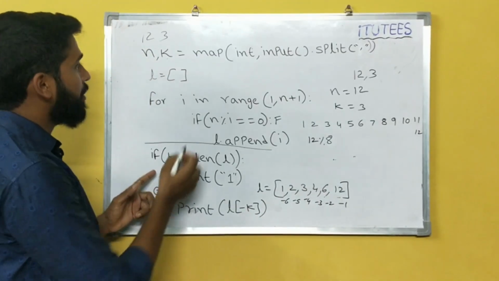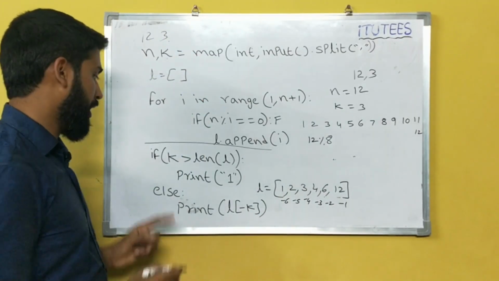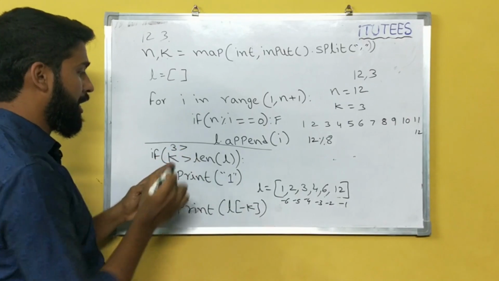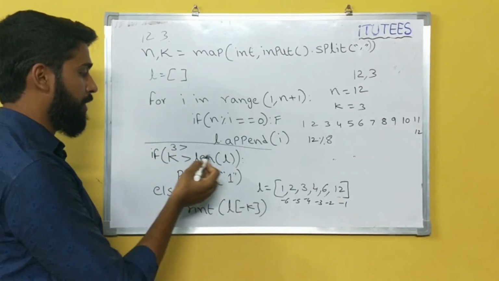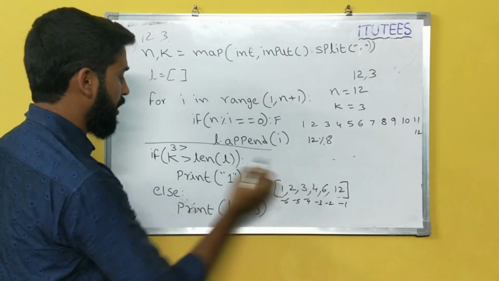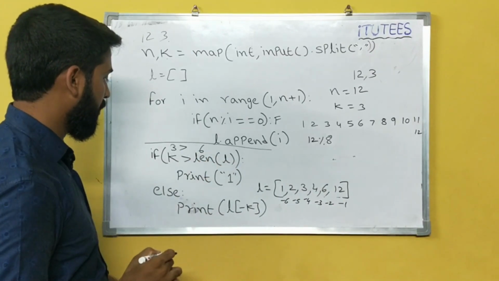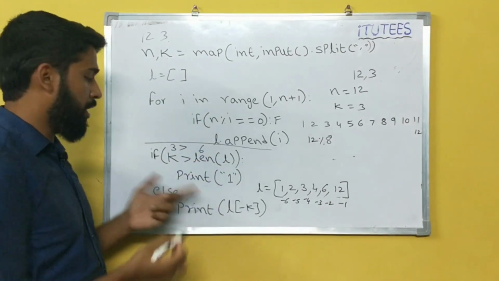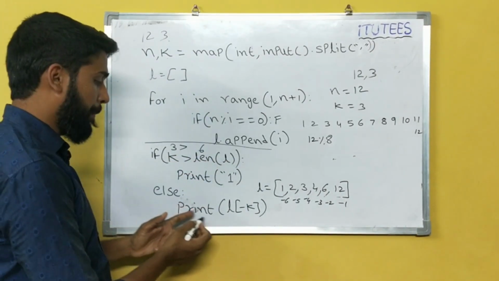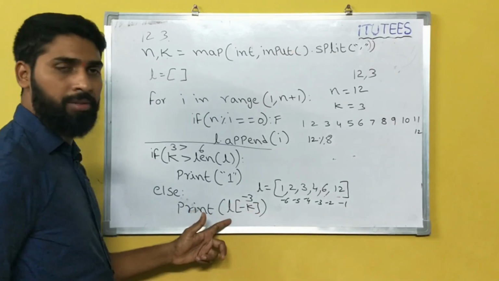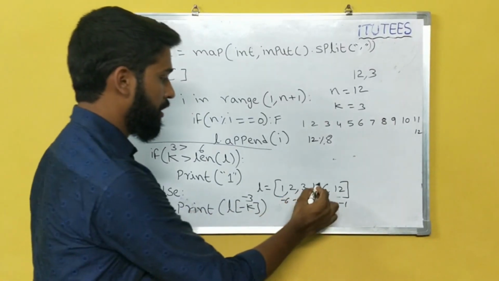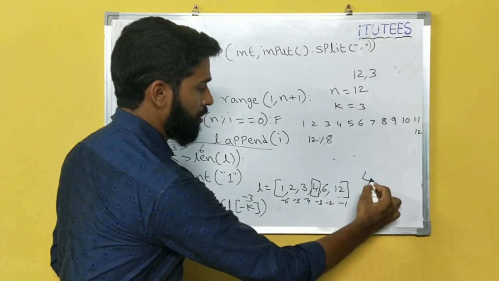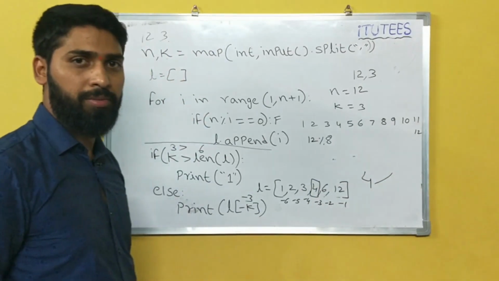Here I am giving k equals 3. Is 3 greater than the length of L? The length of L is 6. 3 greater than 6 is false, so go to else. Print L of minus 3. What is L of minus 3? It is 4. So 4 is the output.